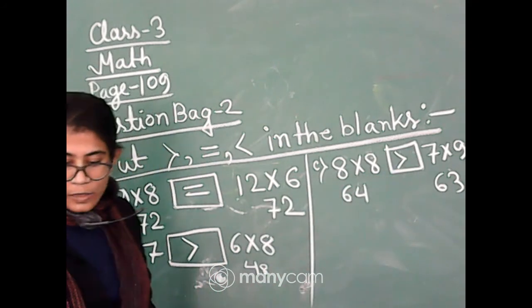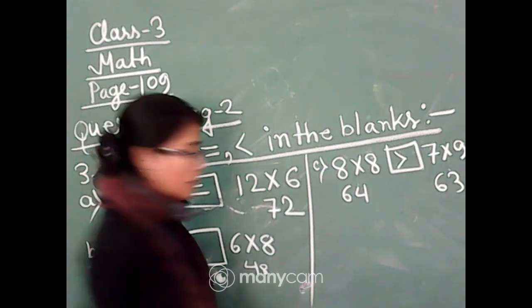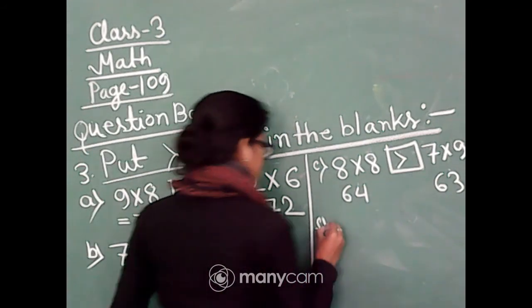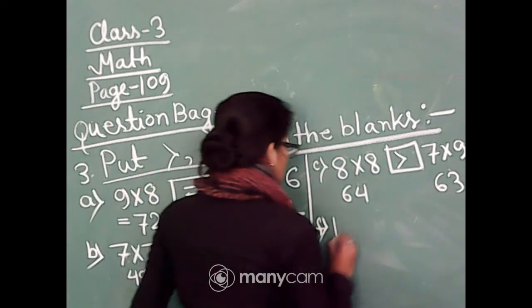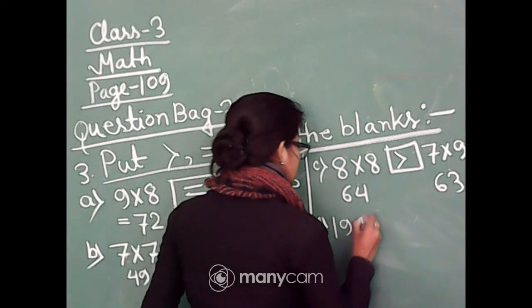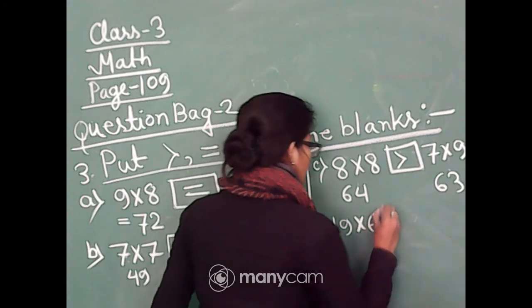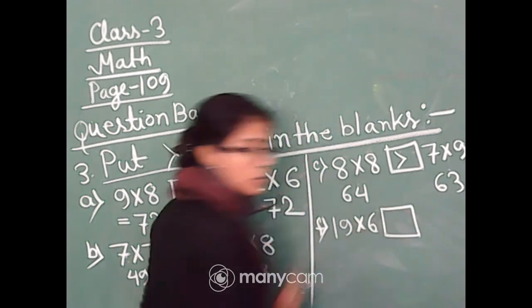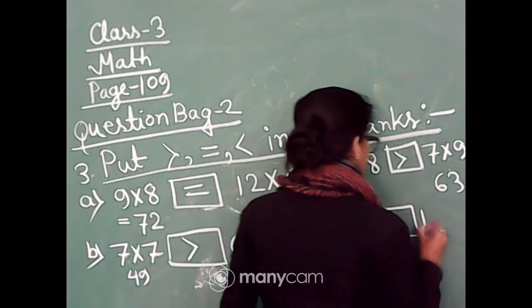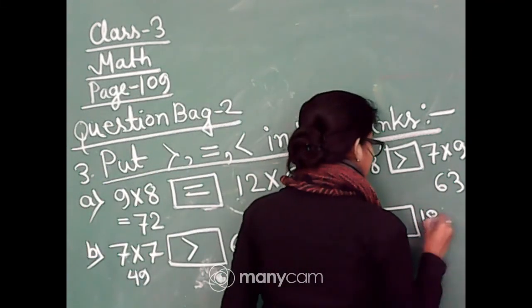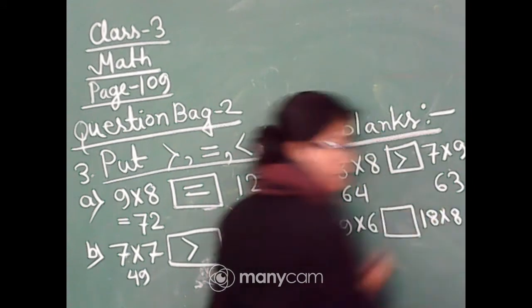Okay. Now take F number example. The F number example is 19 into 6, box, 18 into 8.